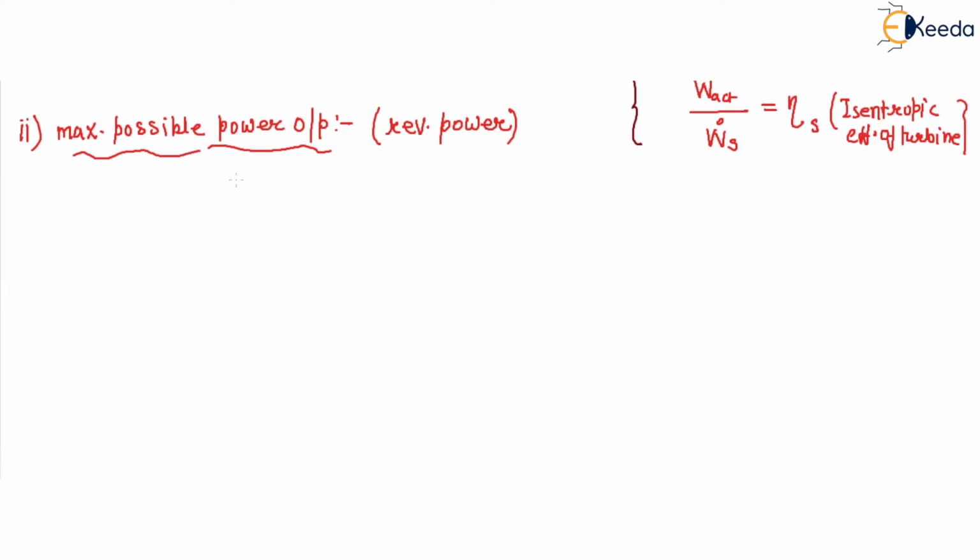So the output is determined from the rate form of the exergy balance applied to an extended system, right? So the system is now the extended system. And what is the extended system?